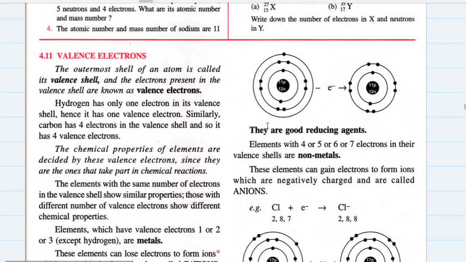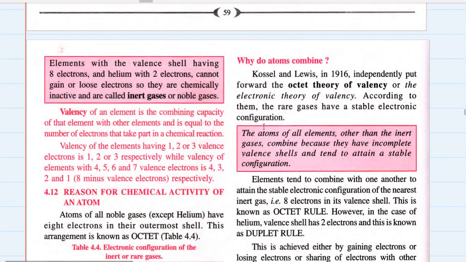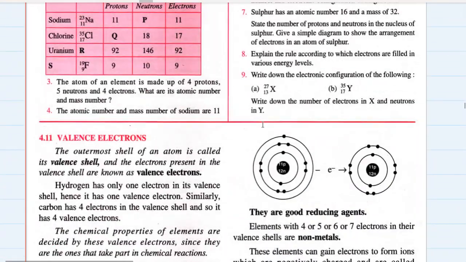Okay, and then comes valence electron. So atomic structure and valence electron to be discussed tomorrow, or maybe in the next class. Then comes valence electron, so that's valency.